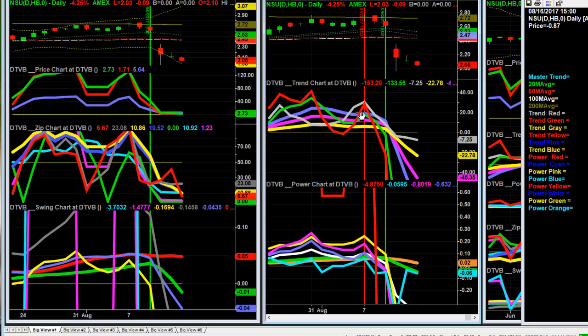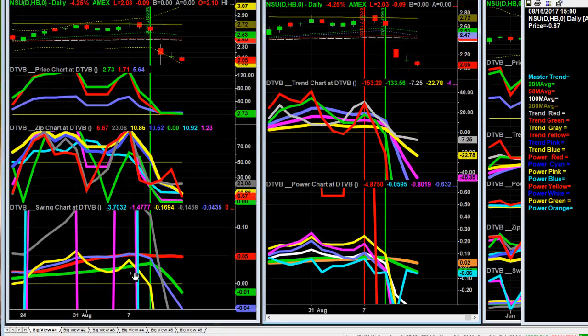Trend red is up 1 day and down 2 days. If you look at the rest of them, you've got trend red, green, and gray in that TOC 2-day pattern. You have yellow, pink, white, blue, and Zion, which makes a total of 8 right there. There's 5 in the power chart, 3 in the trend chart.